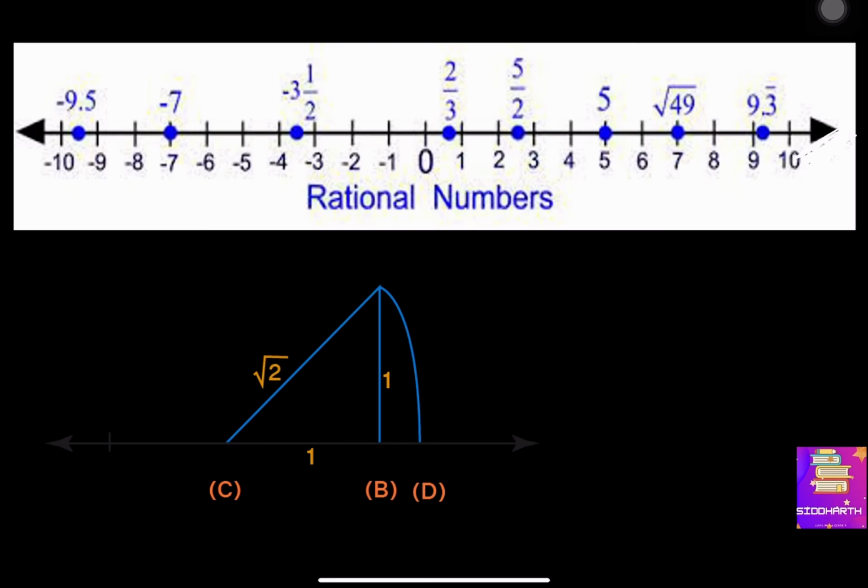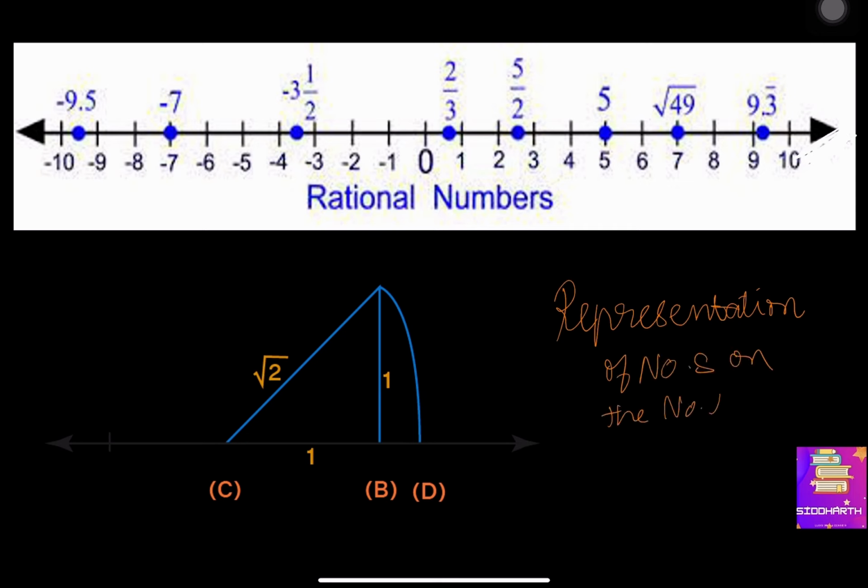Now, representation of numbers on the number line, especially real numbers. Real numbers consist of rational numbers and irrational numbers.